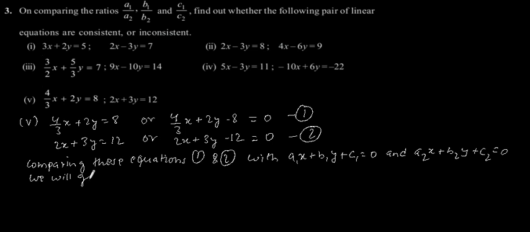We will get a1 is equal to 4 by 3, b1 is equal to 2, c1 is equal to minus 8, a2 is equal to 2, b2 is equal to 3 and c2 is equal to minus 12.